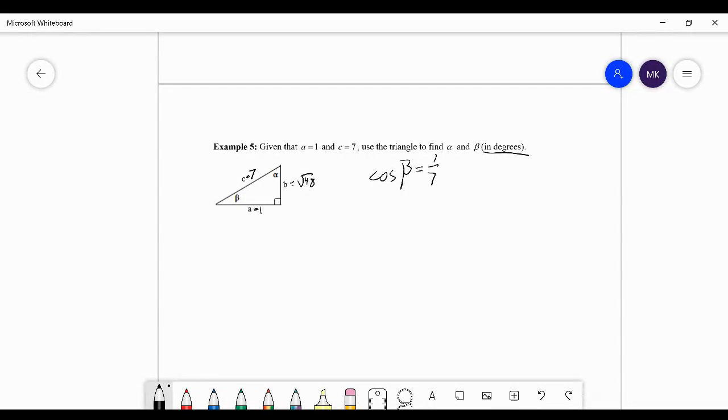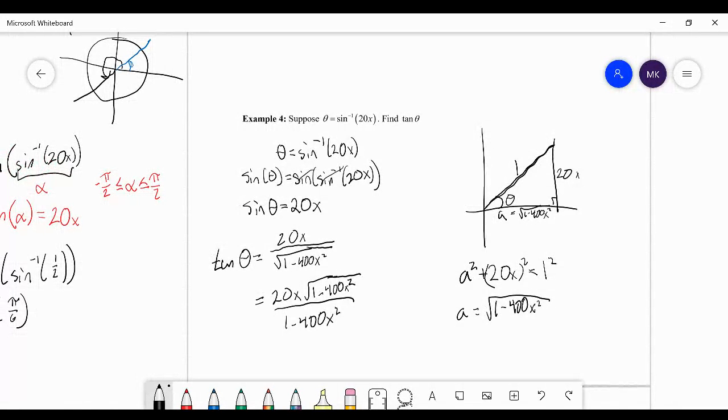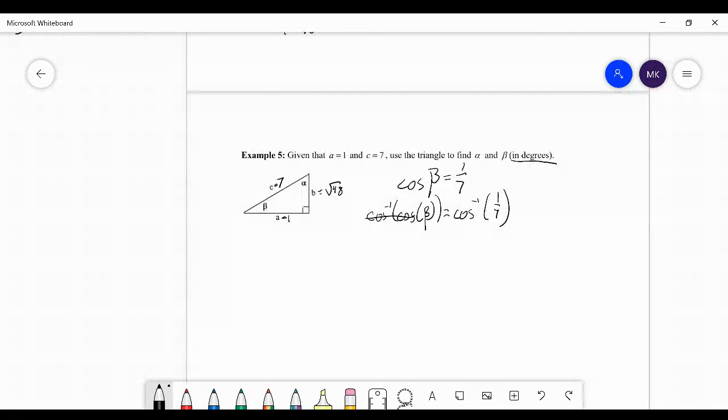Well, you take the inverse cosine of both sides. These cancel out. Again, right? We're working with this. It's not the same as what we had here, but we are working with this.